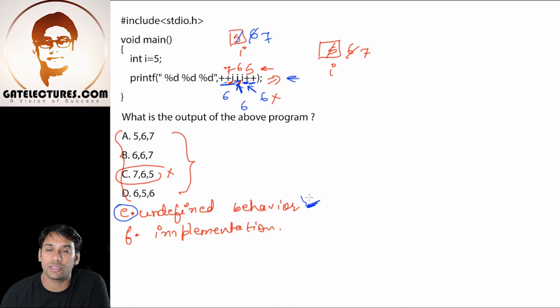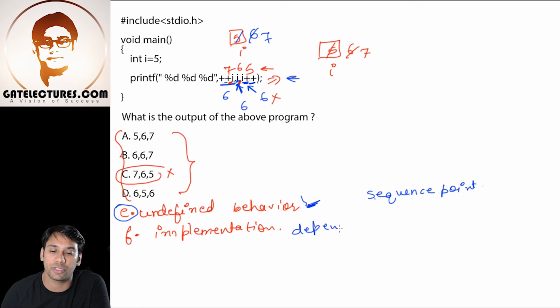You can check out more details about undefined behavior, and read the topic sequence point. Read it along with undefined behavior, and you'll get an idea why these kinds of programs give different outputs. And this is called implementation dependent.